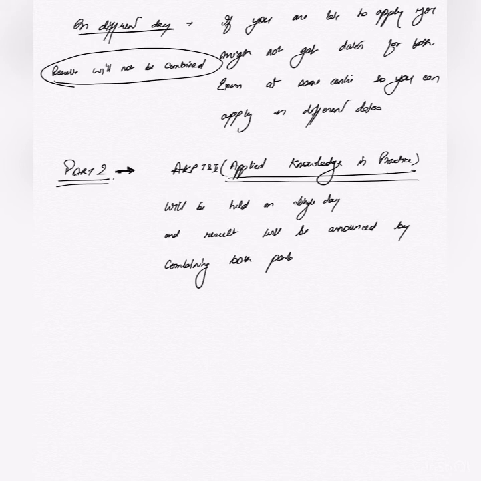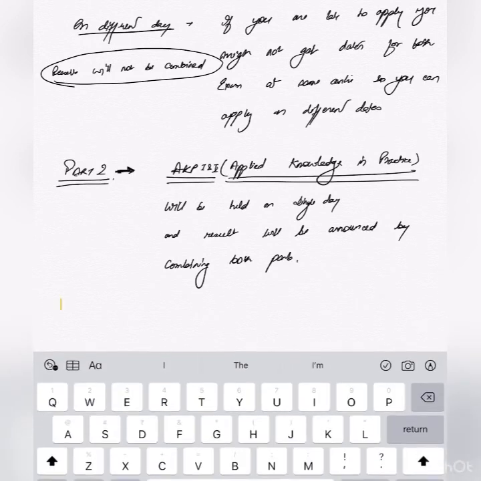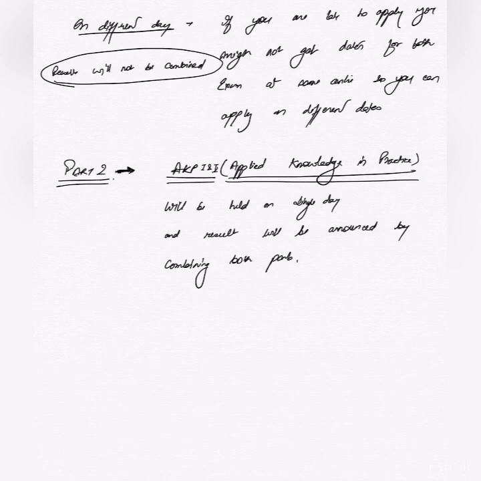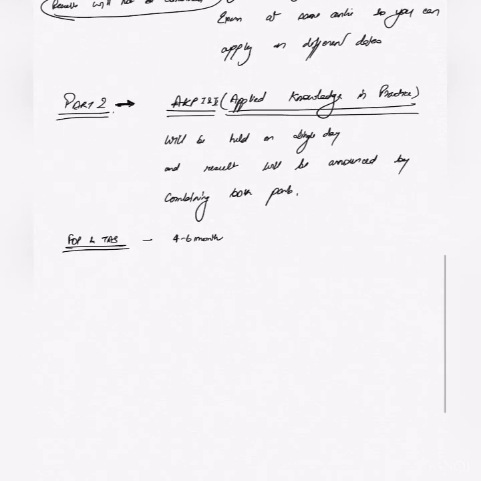So how do you need to prepare for these exams? For FOP and TAS preparation, it will require around 4 to 6 months if you have not prepared, and if you are good at your basics, you can clear this exam in 2 to 3 months also.